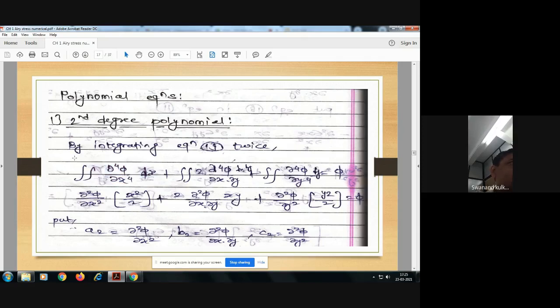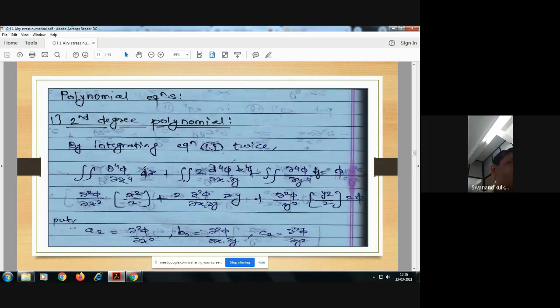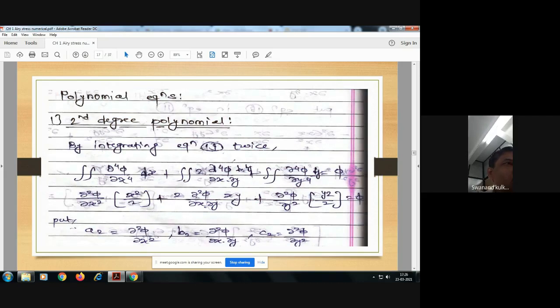Then once again if we take integration here, after taking one more integration, this ∂³φ/∂x³ will get converted into ∂²φ/∂x², and this x will get converted into x² upon 2 here.